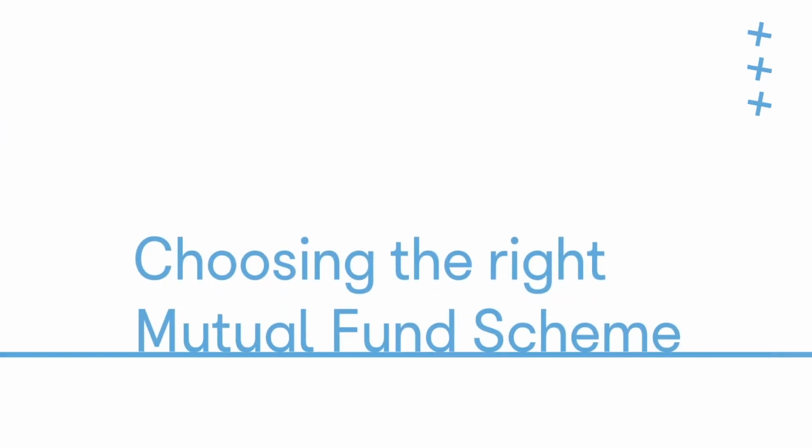Choosing the most appropriate mutual fund scheme based on your requirements is the most important step involved in investments in mutual funds. Now, I will be sharing my process which I have been following for choosing mutual fund schemes and adding them to my own portfolio.